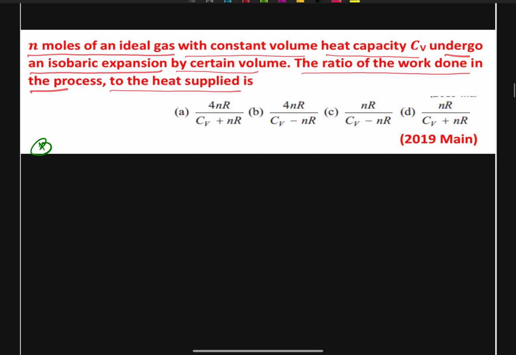So we can say we are having an isobaric process, which basically means pressure is constant.